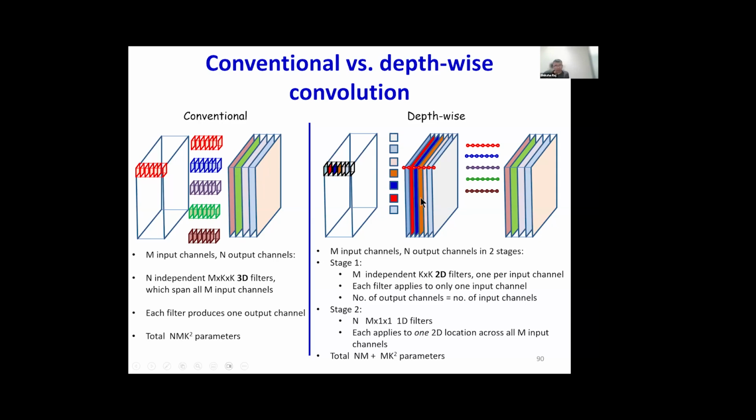So when you're short on data or you're short on compute, then instead of using the standard CNN framework, using this framework, which is called depth-wise convolution, can save you both in terms of parameters and in terms of compute. Does that make sense?